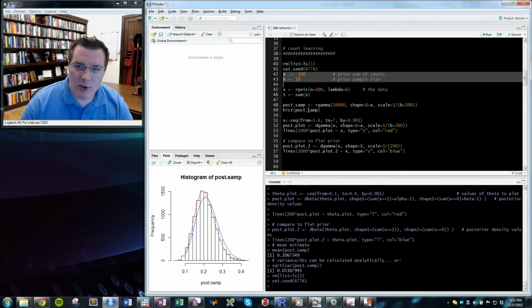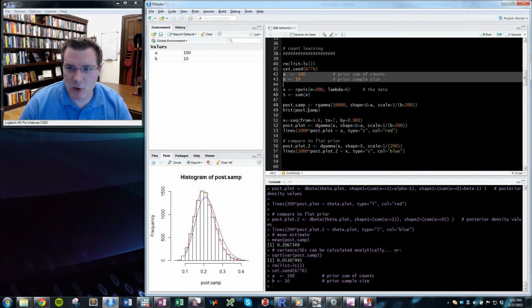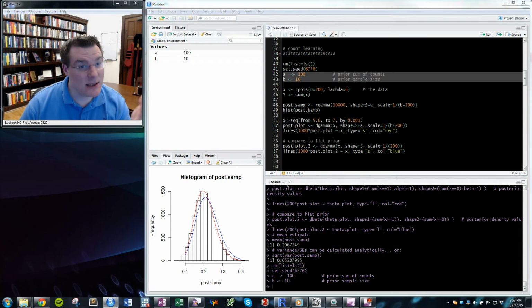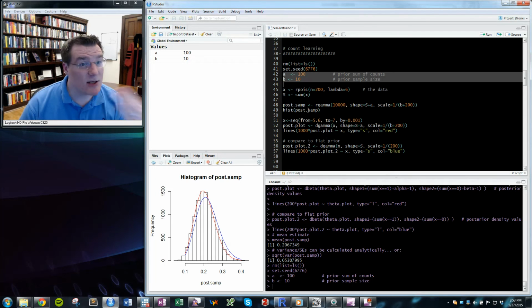And I'm going to set the number of counts to 100 and the sample size to 10. What this means is I am acting as if I have observed in the past 10 different events that sum up to a total of 100 observed events, a count of 100. That can vary in terms of how that happens.